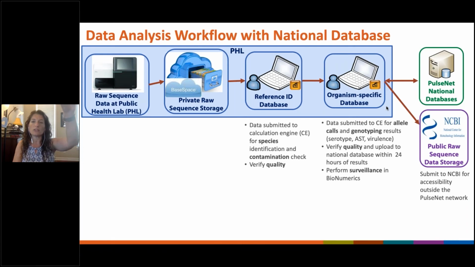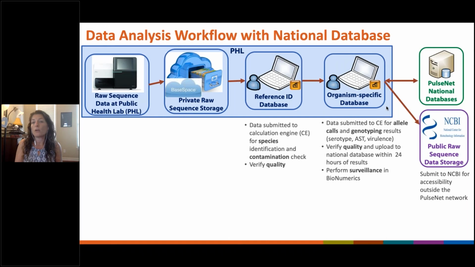So all your Listerias go here, your STECs, your Salmonellas, and it knows which organism-specific database to go to. So my Salmonellas are going to go to my organism-specific database, and once they're in there, they submit to the calculation engine again, and what they get back are their allele calls and genotyping results. Genotyping results will be serotype, AST data, virulence, and other information.